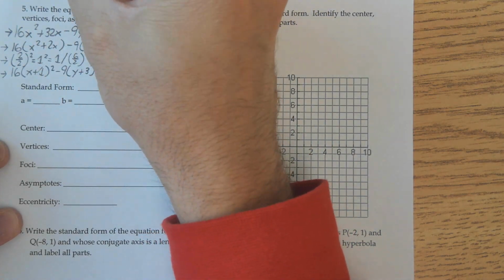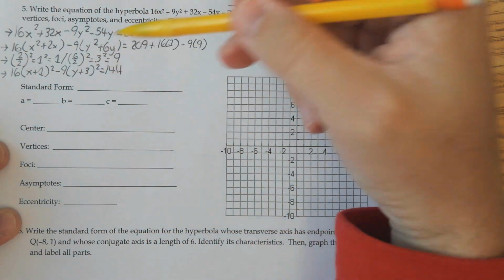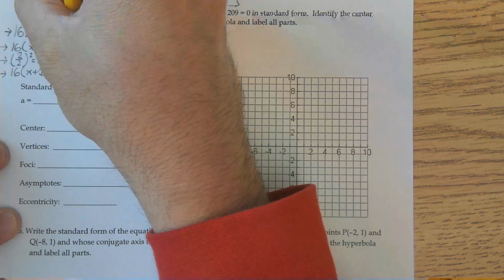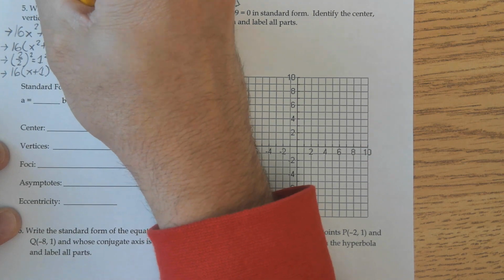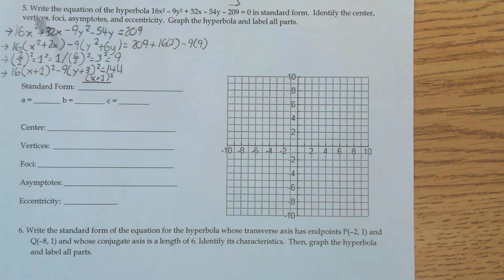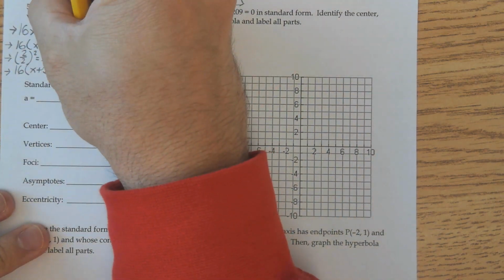And so for our standard form, last thing we're going to do is again, divide everything through by 144. So my standard equation is going to look like this. It's going to be x plus 1 to the second power over 16 over 144. That simplifies to be 1 over 9, so 9 here.